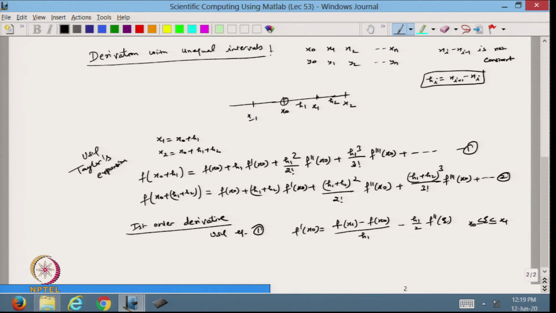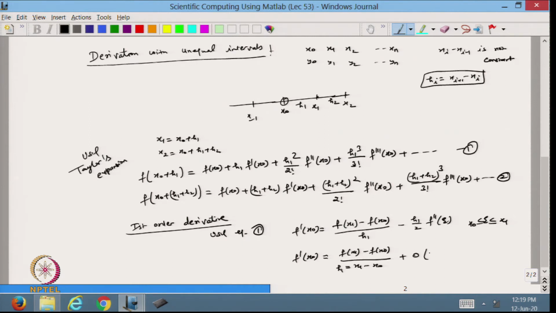The same way we have done for the equispaced data, and from here I can say that this is of order h1. So f dash x0 is approximately equal to f x1 minus f x0 divided by h1. And what is h1? h1 I can write as x1 minus x0. So that is my h1.